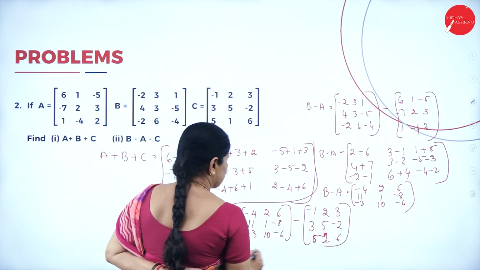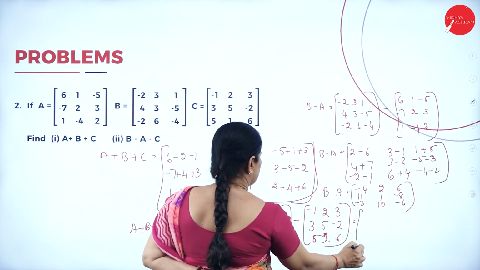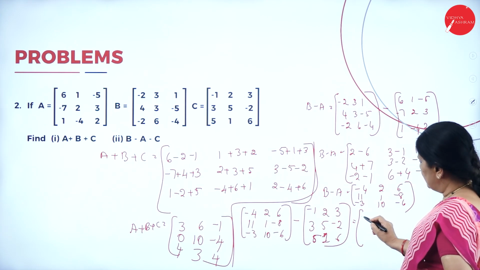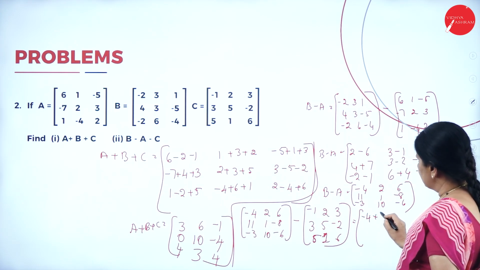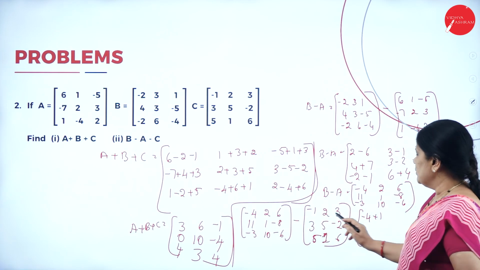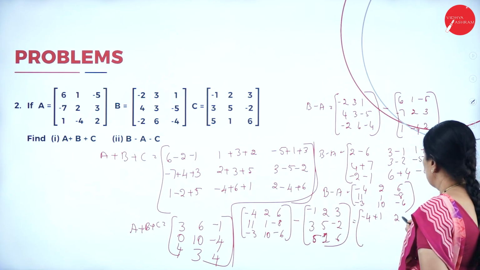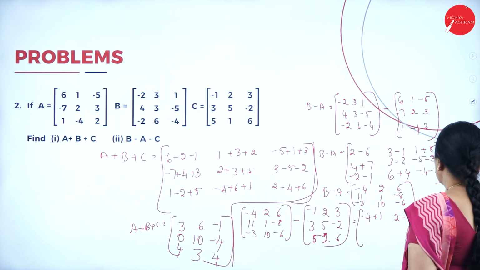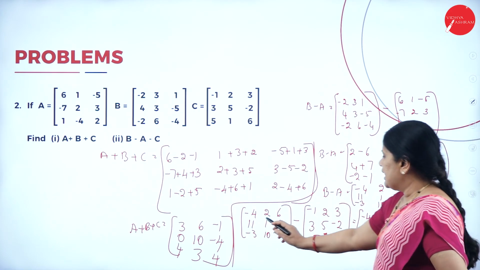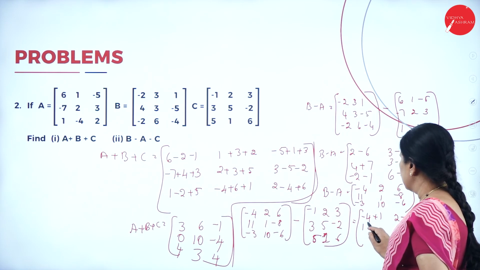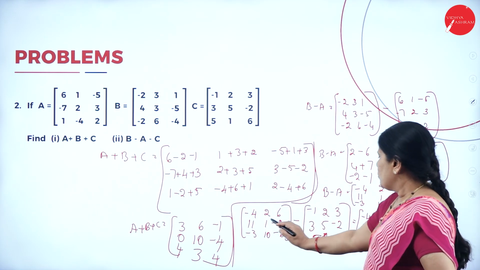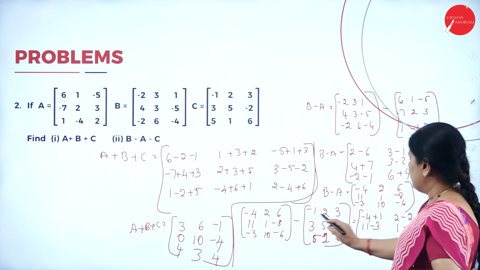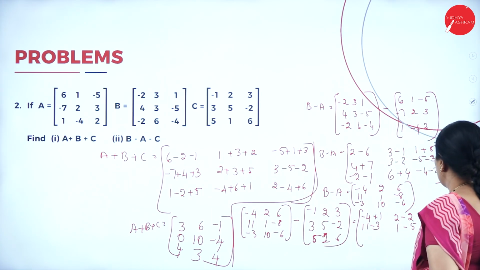So when we subtract, we get minus 4 plus 1, 2 minus 2, 6 minus 3. Then 11 minus 3, 1 minus 5, minus 8 plus 2.